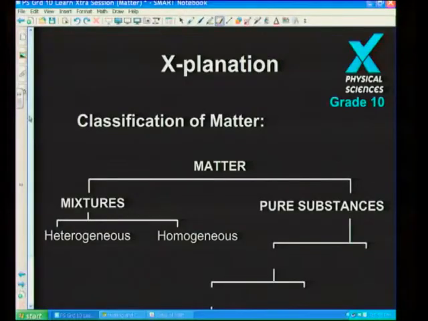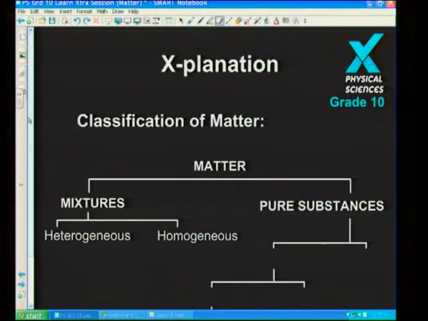Right, now that we've looked at the properties of mixtures and we've been able to separate them and distinguish between them, let's have a look at pure substances. Go back to our classification diagram. We've got mixtures on the one side, the heterogeneous and the homogeneous. Now we're going to say, what about pure substances?